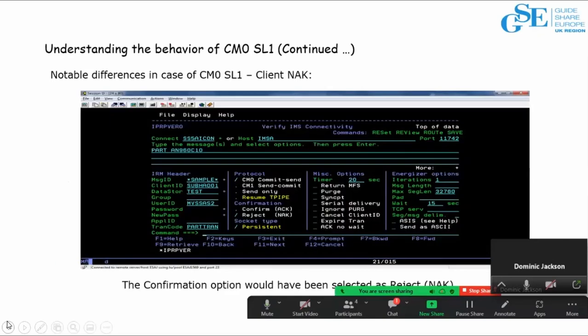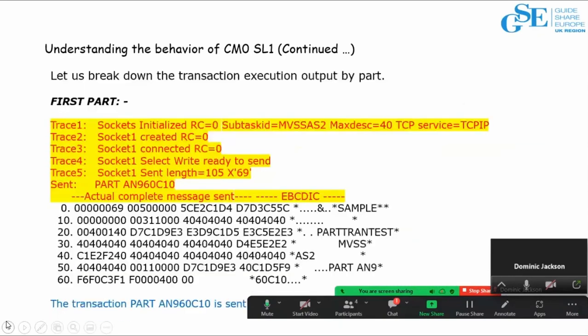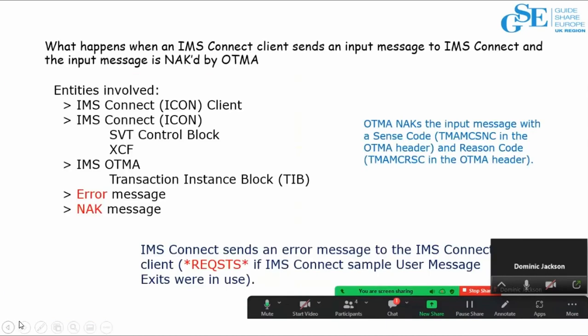Okay, so that is all about CM0 protocol. And before I end this entire series of discussion on message protocols, I just wanted to touch upon this third and final case, which is neither related to a CM1 or a CM0.